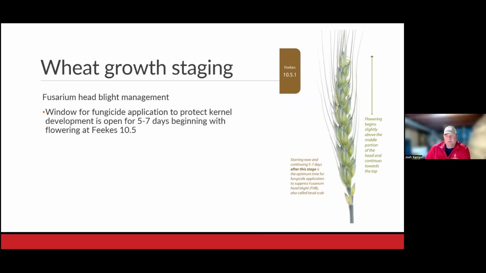We have kind of a small window, that 5 to 7 days from when that flowering begins, when we can put a fungicide product out there to help protect that plant from fusarium head blight. Something to talk with our growers about and have them be aware that the window is kind of small, but this is a research-backed window that we know we can really make an advantage to the quality of the grain if we can hit this timing right.